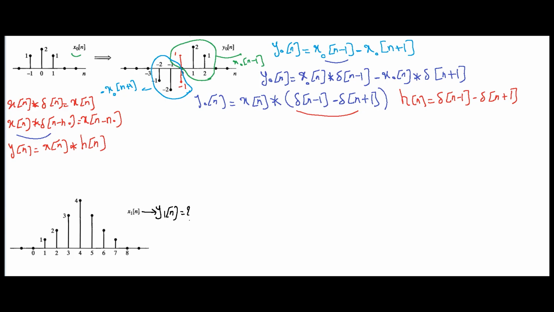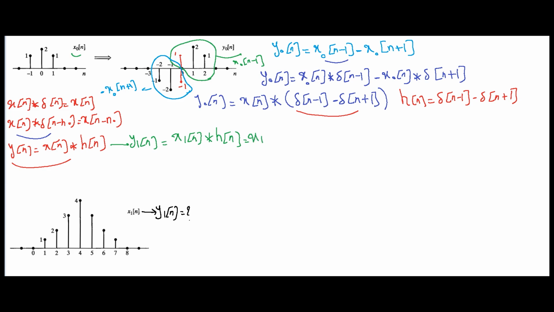Now that we have obtained the impulse response, finding the new output is straightforward. The output y1[n] is equal to the convolution of x1[n] with h[n].